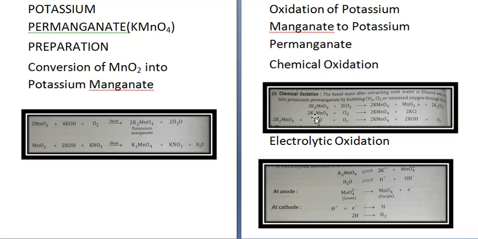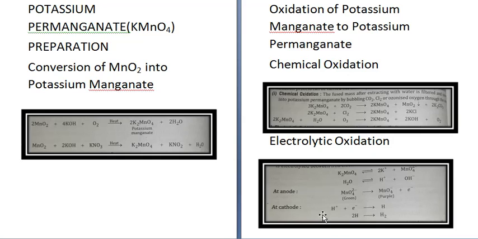So 3K2MnO4 plus 2CO2 gives 2KMnO4 plus MnO2 plus 2K2CO3. If instead of CO2 you use Cl2, the reaction becomes 2K2MnO4 plus Cl2 gives 2KMnO4 plus 2KCl. If you use ozone, the reaction becomes 2K2MnO4 plus H2O plus O3 gives 2KMnO4 plus 2KOH plus O2. These are the chemical ways in which potassium manganate can be converted to potassium permanganate.